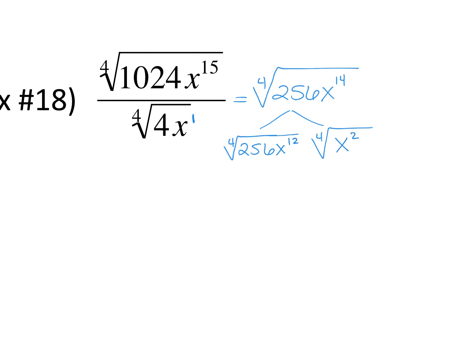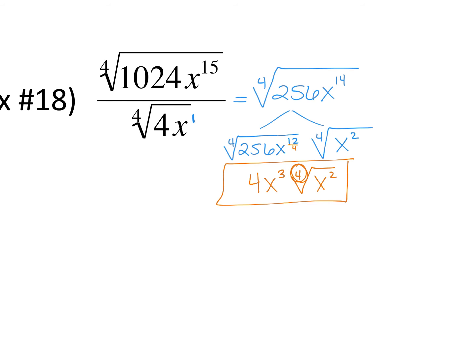And then you can actually take that fourth root. So the fourth root of 256, you already told me was 4. X to what power then? The third power. 12 divided by 4, right? So x to the third power. And then it's the fourth root of x squared that we can't do anything with. And you're done. And again, just don't forget to write that 4 in there.